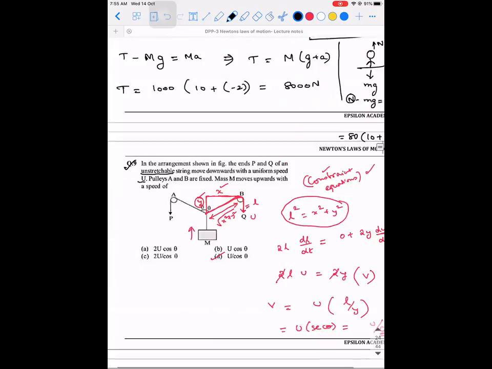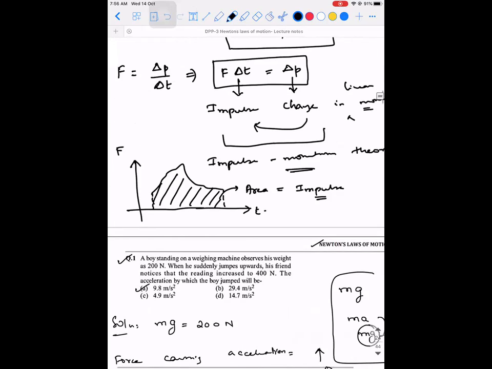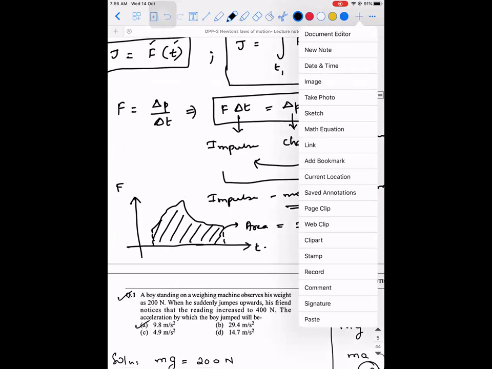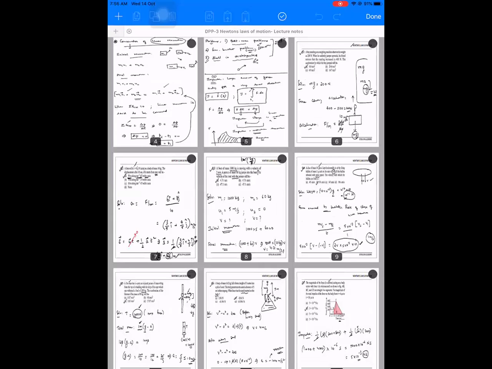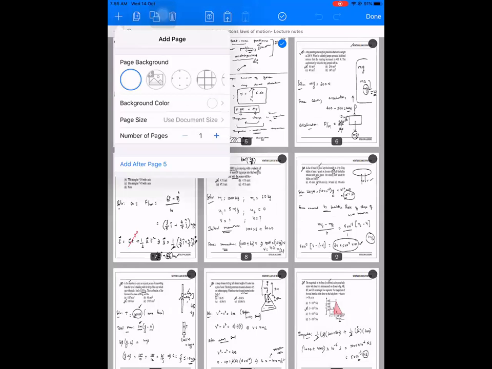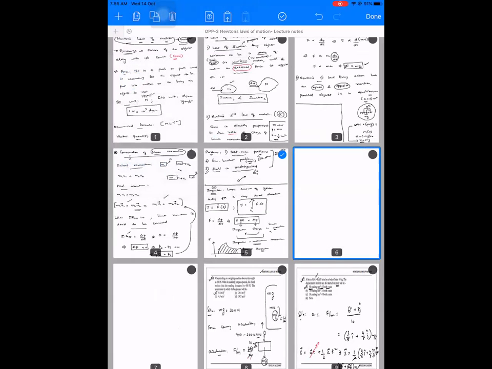There is also another theoretical part. I will add it. No worries.